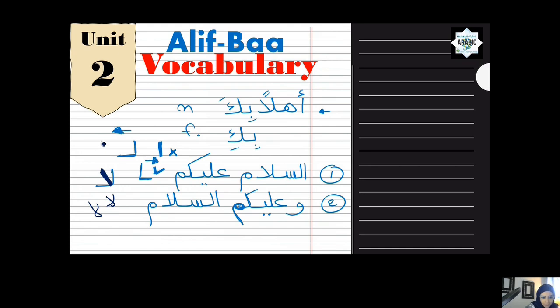But at the beginning, I always suggest that people visually remember which direction the lam goes and which direction the alif crosses it. They still look like lam and alif when you write it the top way.